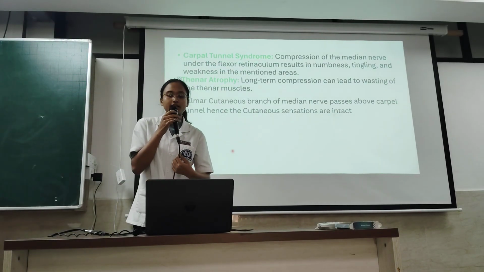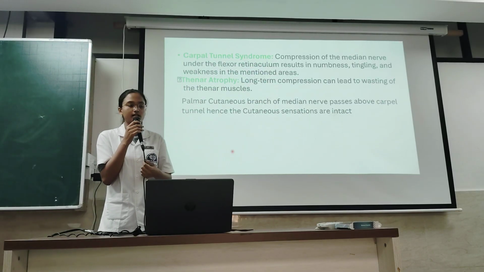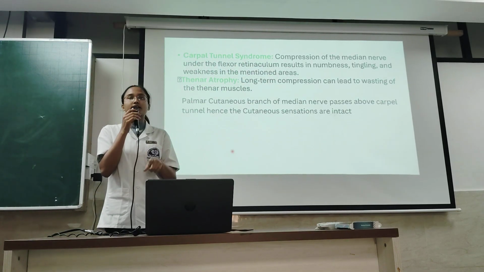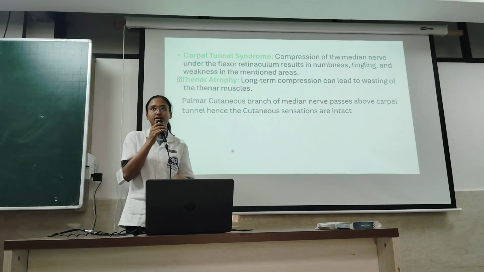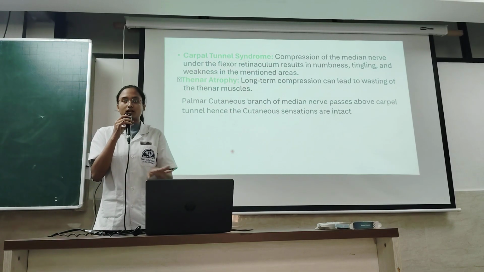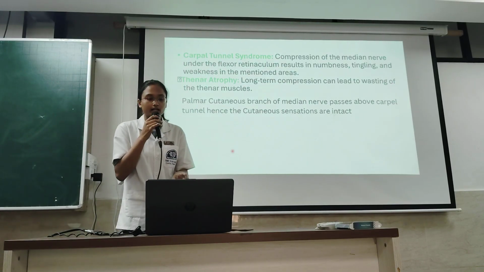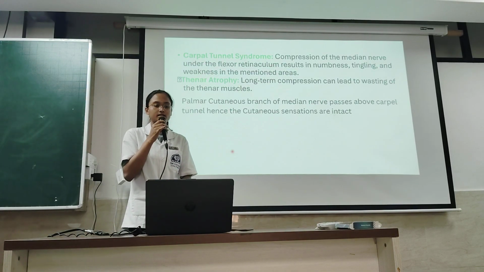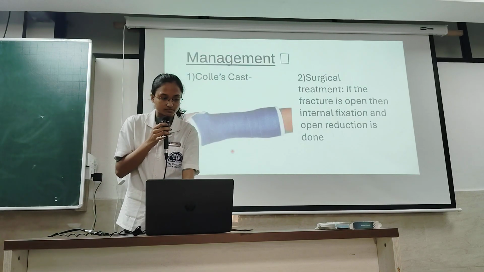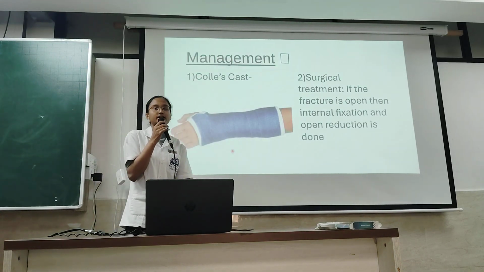It results in numbness, tingling, and weakness in the mentioned areas. Also, the cutaneous sensations are intact because the palmar cutaneous branch of the median nerve passes above the flexor retinaculum and not through it. The person might also experience thenar atrophy because of long-term compression of the median nerve.